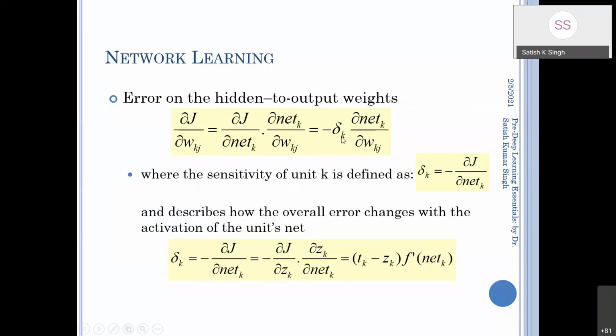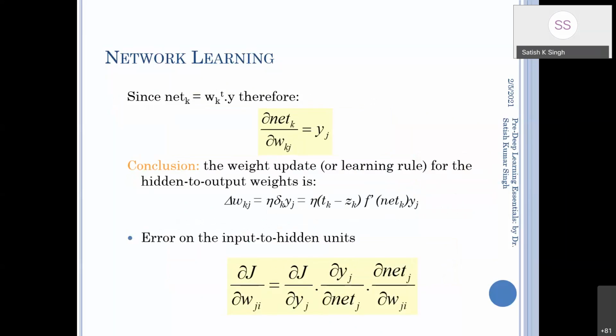We can find all those things. I'm just skipping; you can refer to it, or I can explain, but it will take more time. We will find the weight update or learning rule for the hidden to output, so delta W_kj will be found: eta delta_k y_j, and this way eta (t_k minus z_k) f', the first derivative of net activation, and then y_j.